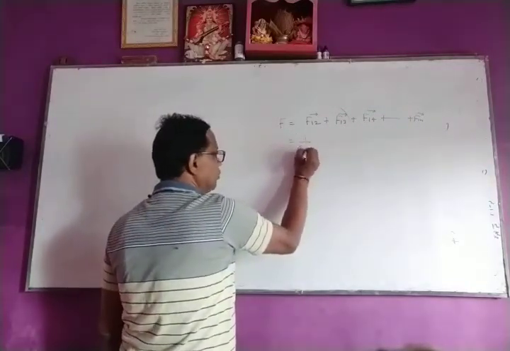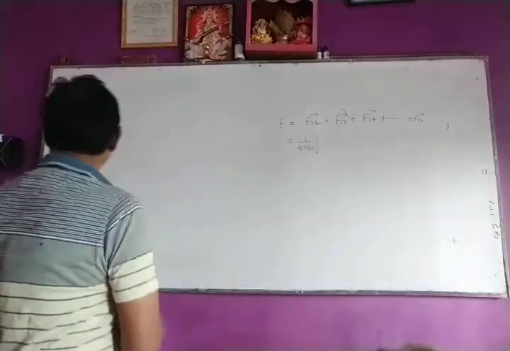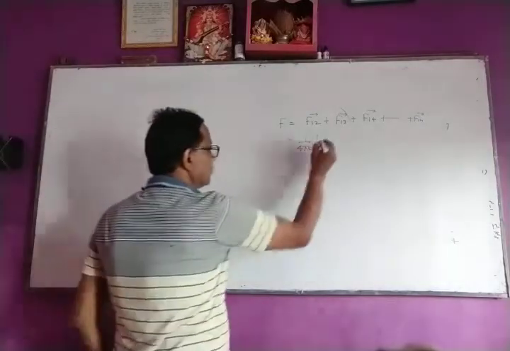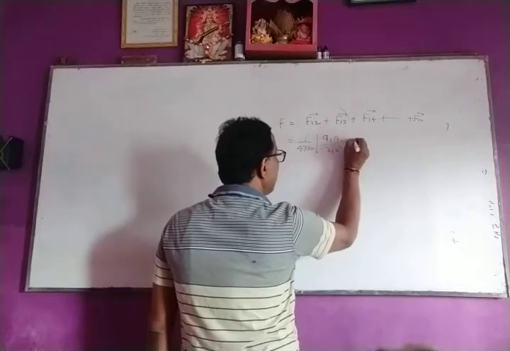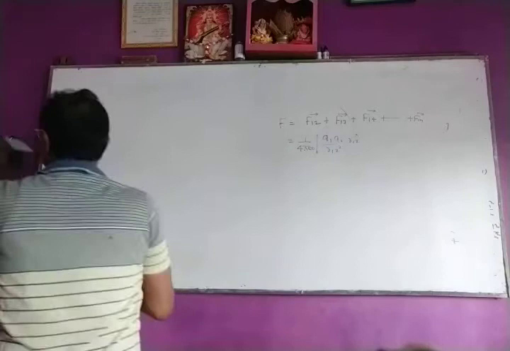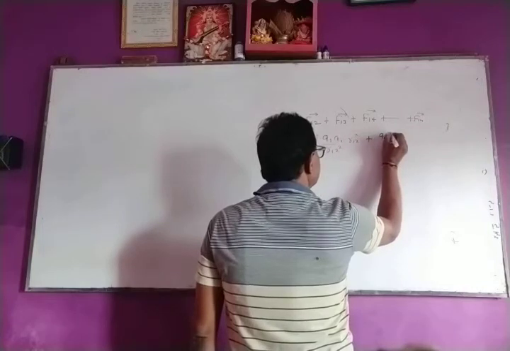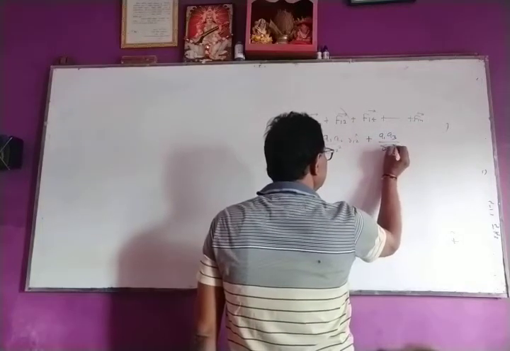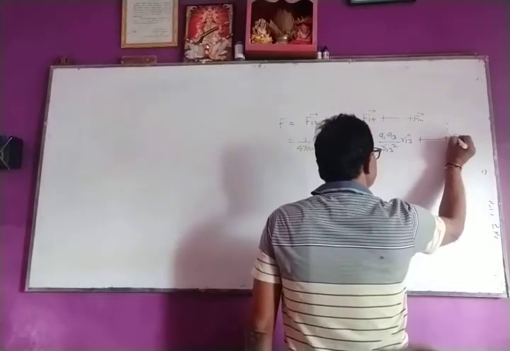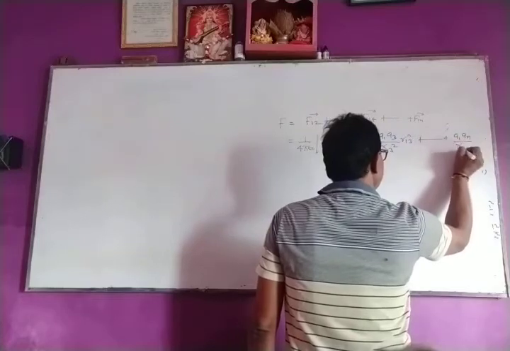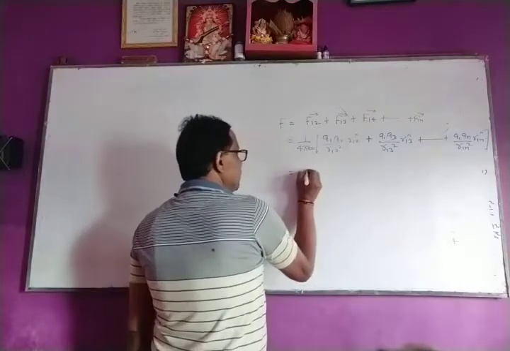So 1 upon 4 pi epsilon naught, q1 into q2 by r12 whole square into r12 cap, plus q1 q3 by r13 whole square r13 cap, plus q1 into qn by r1n whole square r1n cap. q1 is common in all.